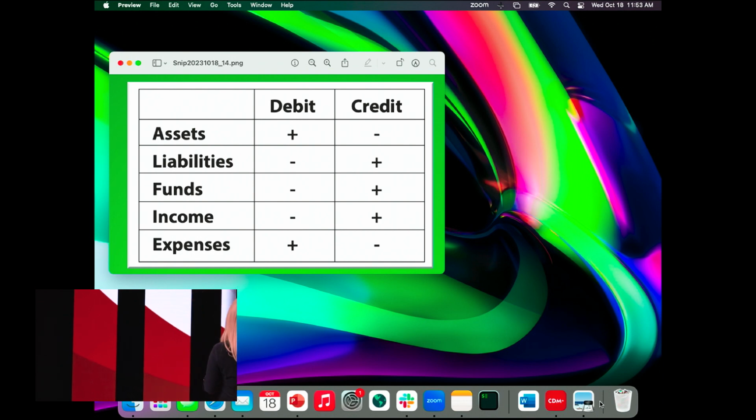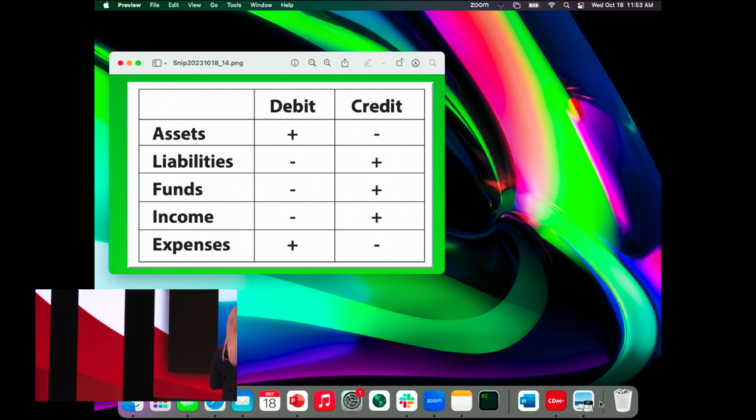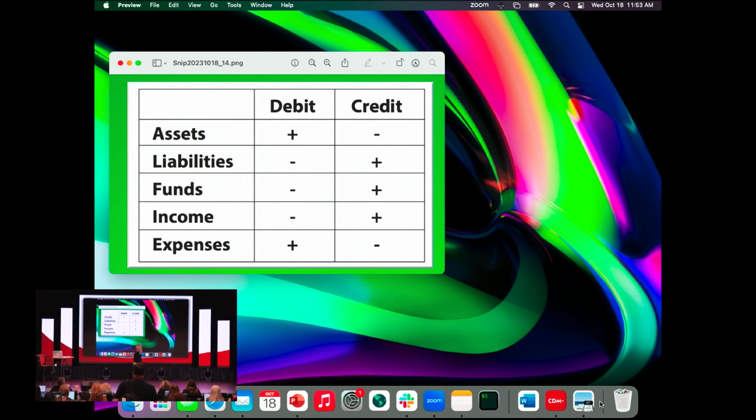If I want to take money out of a fund, then I'm going to put the money in the debit column because it lowers the fund. If I'm going to move money from the general fund to the youth fund, then I'm going to debit the general fund, because I'm going to take the money out of it, and I'm going to credit the youth fund.